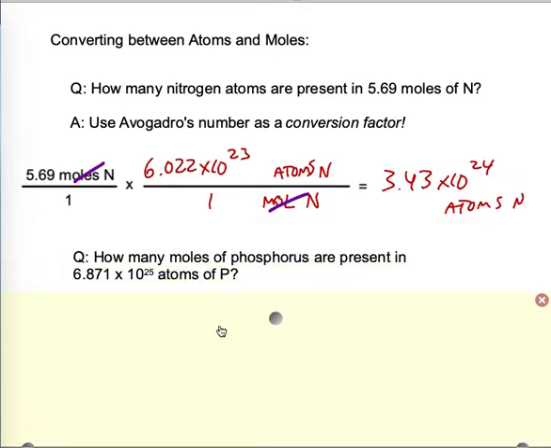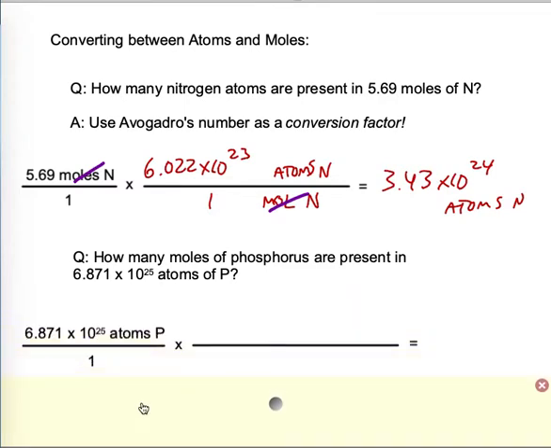Suppose I give you a certain number of atoms of phosphorus and I want to know how many moles that is. Well, I can set it up in a similar way. I start by writing down the number of atoms of phosphorus I have in the numerator. Now I want to multiply by a conversion factor that has moles of phosphorus in the numerator and atoms of phosphorus in the denominator.